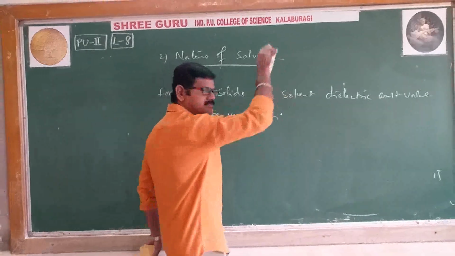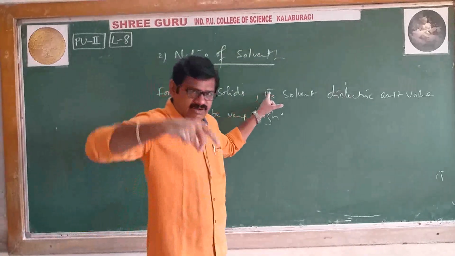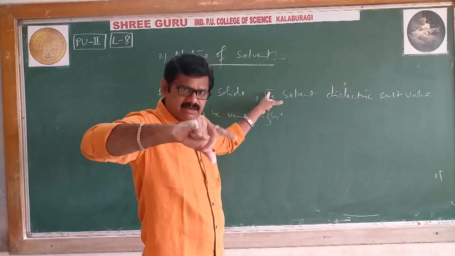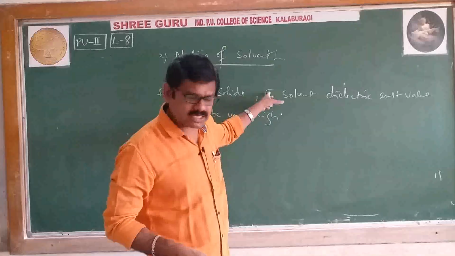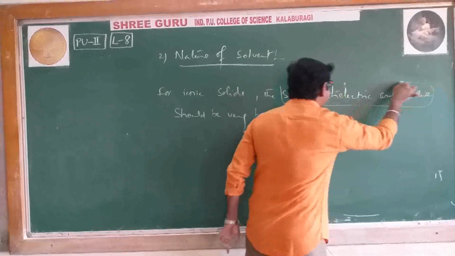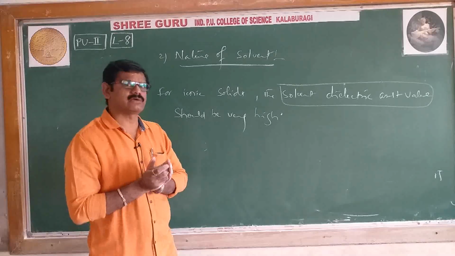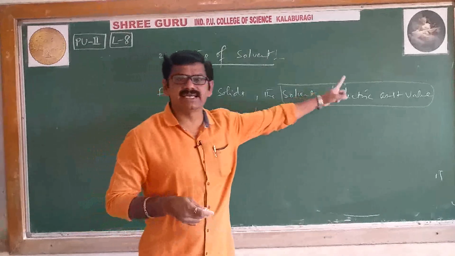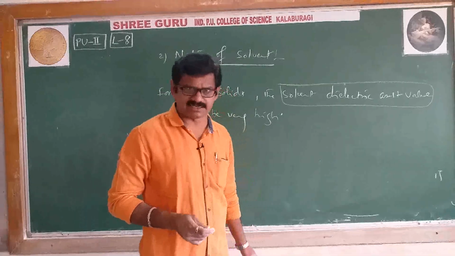I'll repeat: for ionic solids particularly, the solvent in which we are dissolving the ionic solute, that solvent's dielectric constant value should be very high. Now the question arises here, what is meant by dielectric constant?